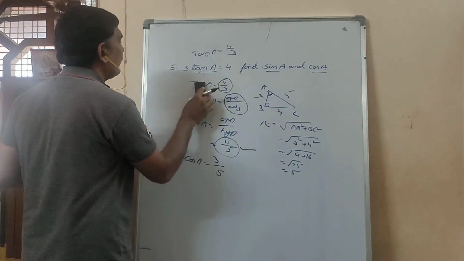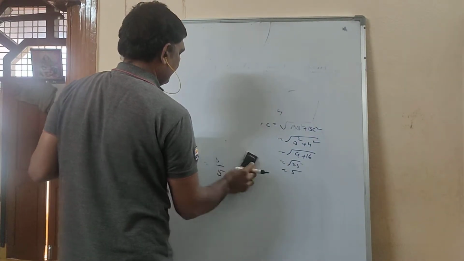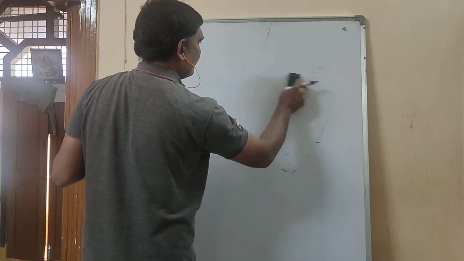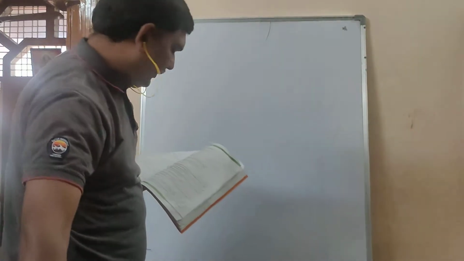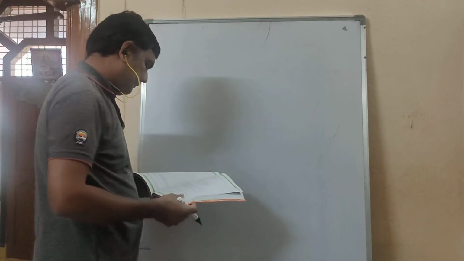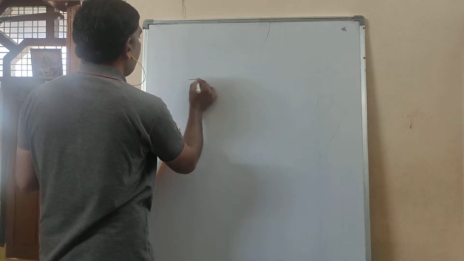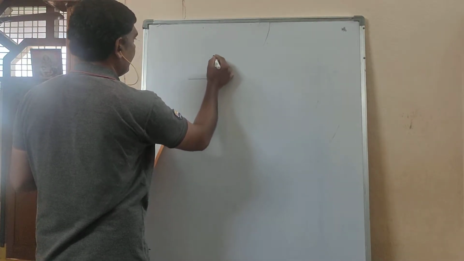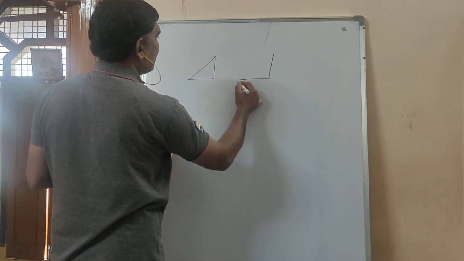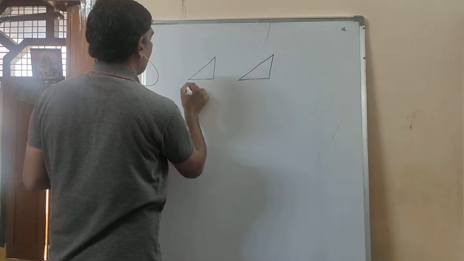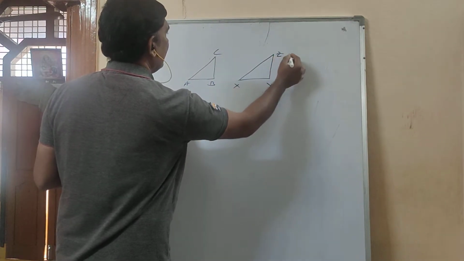Now next sixth problem will say it here. The sixth problem is, I will read once. You have two triangles, namely ABC is one triangle and XYZ is another triangle.